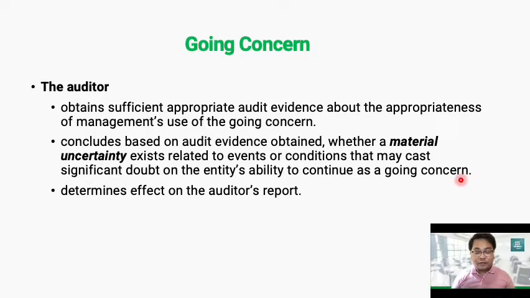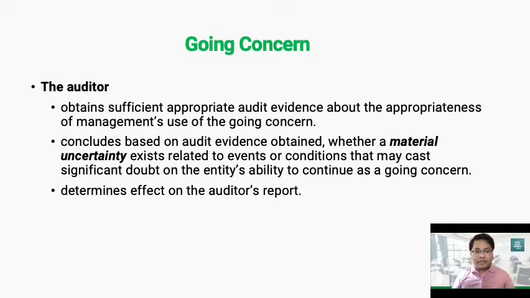We have to include that in our report if there is a material uncertainty, and we will determine the effect on our audit report. We will discuss more of this when we proceed to our discussion of the audit report.